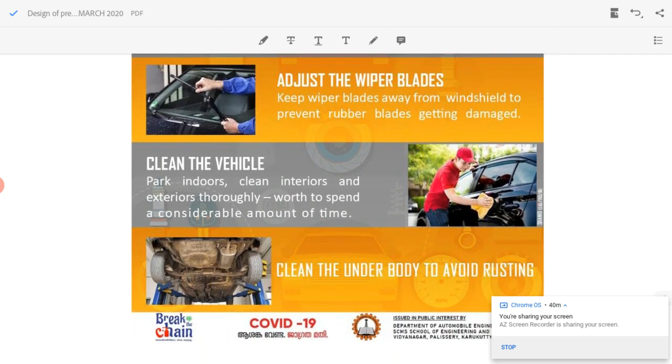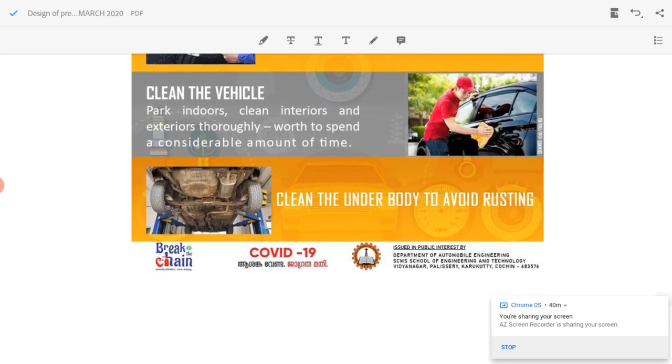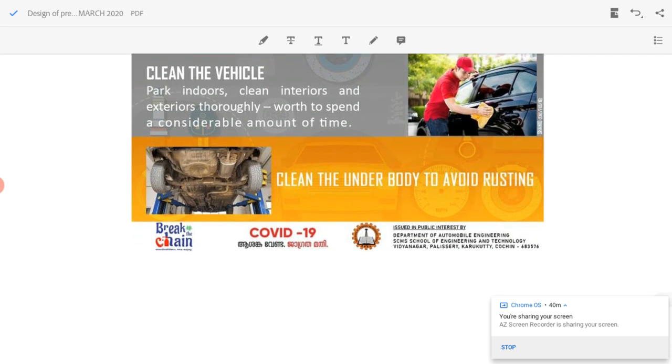Then clean the vehicle and make sure that your underbody is coated to prevent rusting. This is issued in public interest by the Department of Automobile Engineering, SEMS School of Engineering and Technology. This is regarding your car.